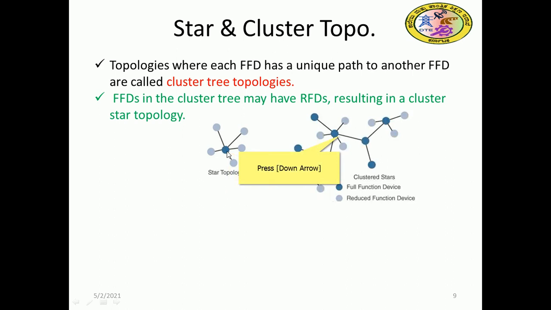So coming to here, multiple stars are joined, so they form a cluster. The thicker one is a full function device, FFD, and the lighter one is an RFD, reduced function device.